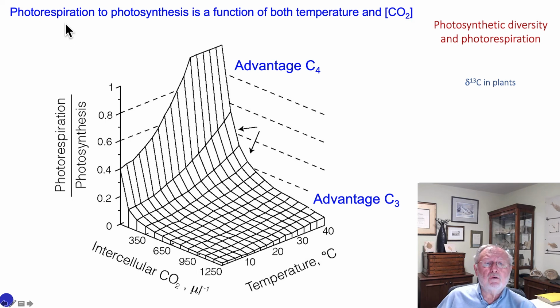And it turns out that photorespiration is directly related to the CO2 to O2 concentration, and it's directly related to temperature. So that as CO2 concentrations decrease, we have an increase in photorespiration relative to photosynthesis. And as temperatures increase, we also find an increase in photorespiration. So the same active site in ribulose bisphosphate carboxylase that has also this oxygenase function is sensitive to both CO2 concentration and to temperature.